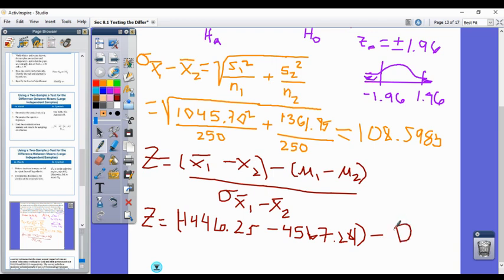So this is the one that I was saying always is going to equal 0 regardless of which pair of null and alternative hypotheses you have.